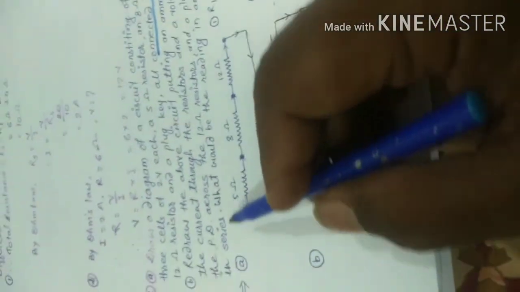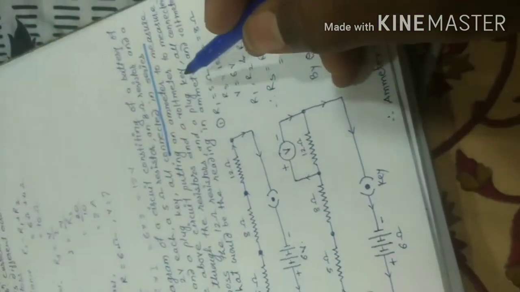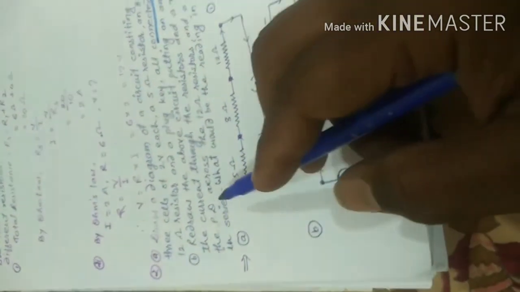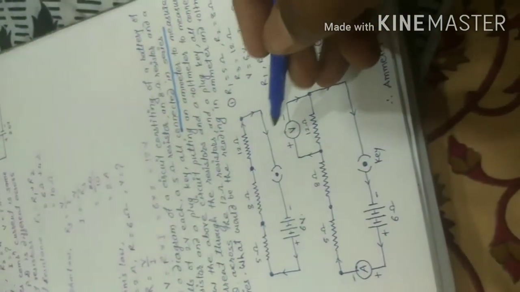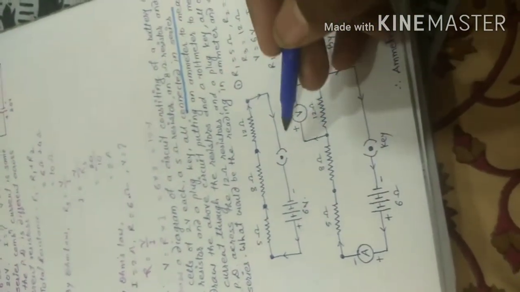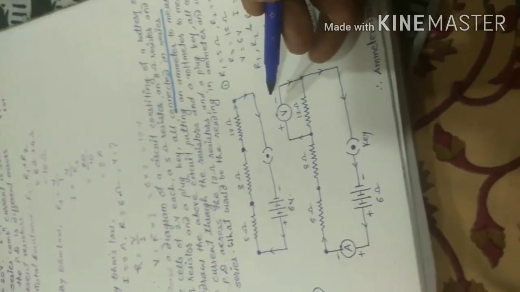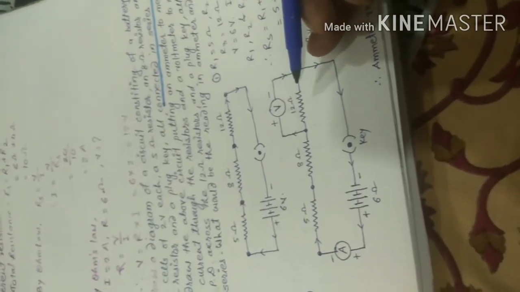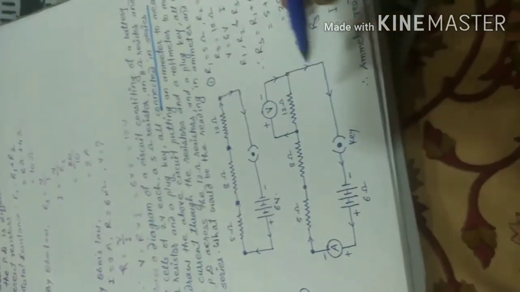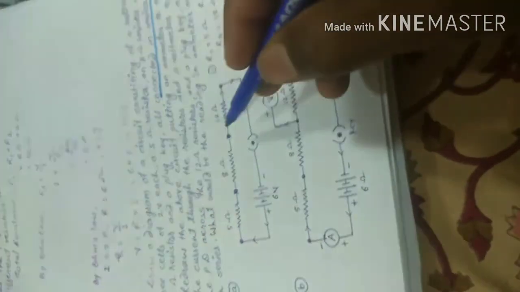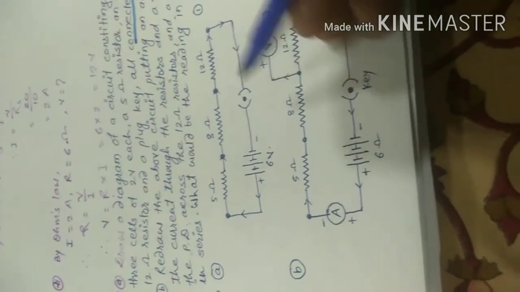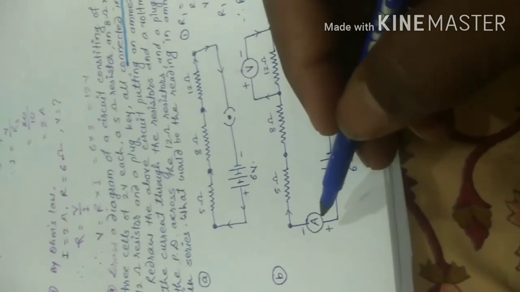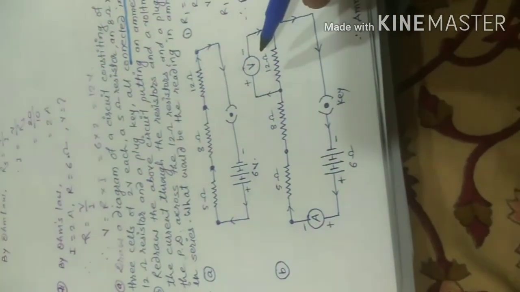See here it is mentioned: voltmeter to measure potential difference across the 12 ohm resistor. So the voltmeter has to be connected across the 12 ohm resistor. Clear students? So this is the redrawn diagram. In the above circuit diagram, the ammeter and voltmeter were not there. Now here we connected the ammeter and voltmeter.